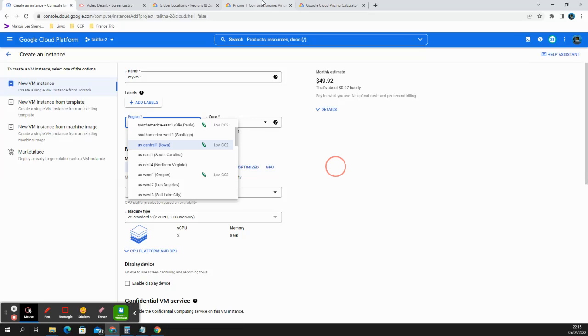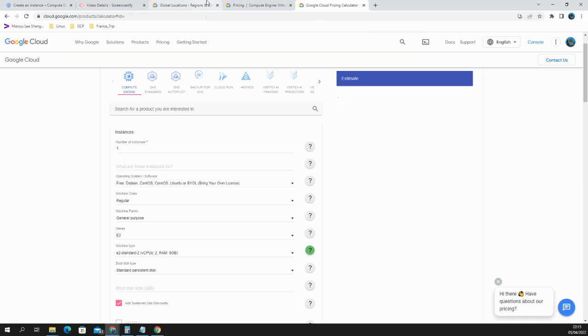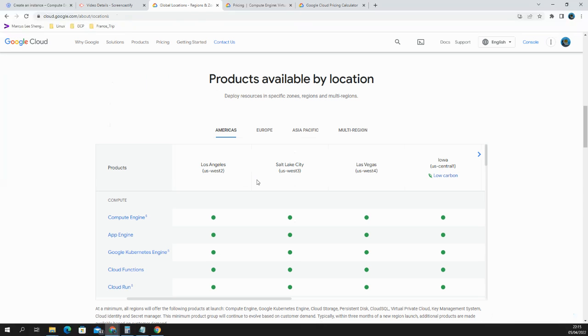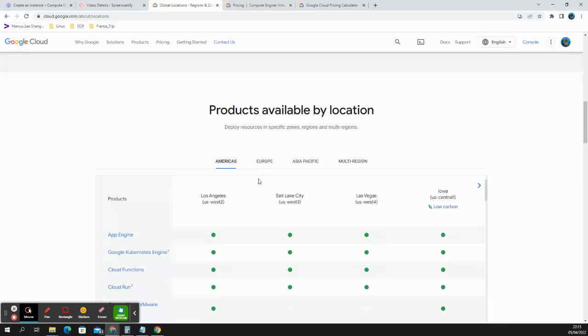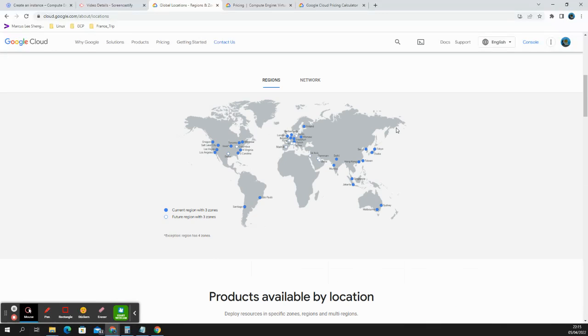So let's look. I'm going to go into the global locations of the US. And if you can see this map here, Iowa is positioned right in the middle of the country. There it is.